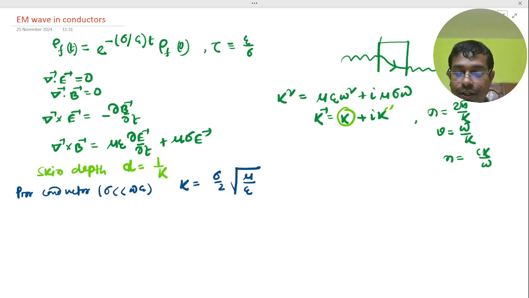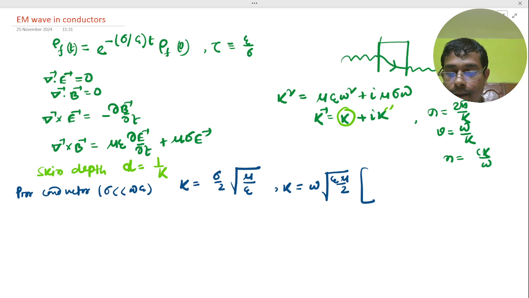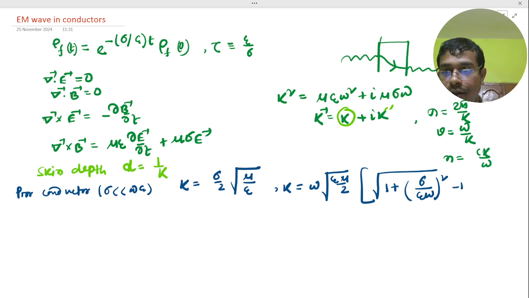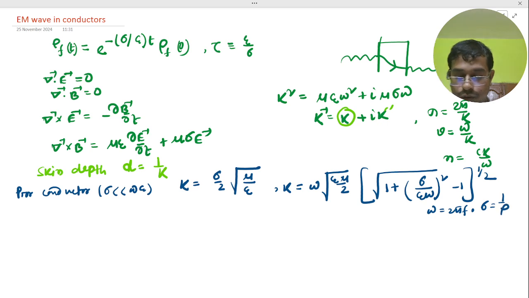So basically this is independent of frequency, and the final result is omega root over epsilon mu by 2 times root over 1 plus sigma by epsilon omega whole square minus 1 to the power half, where omega is 2 pi f and sigma is 1 by rho.